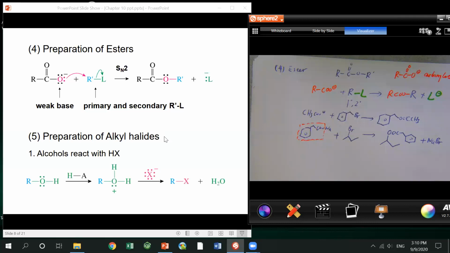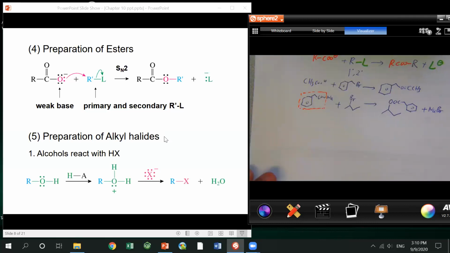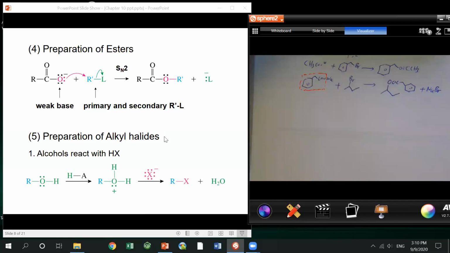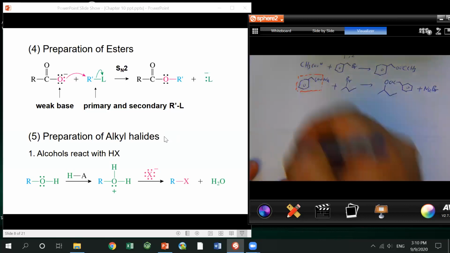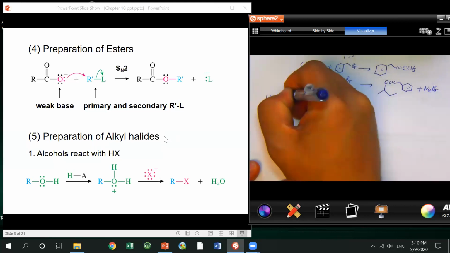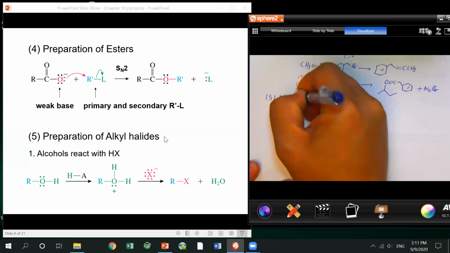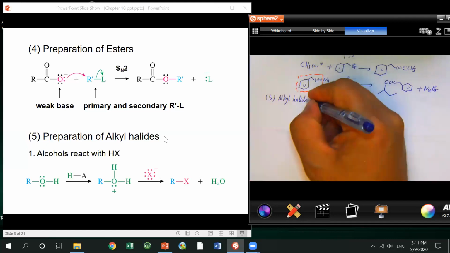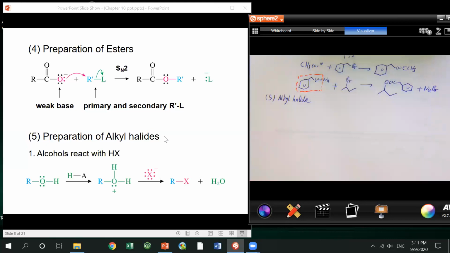So that's the ester preparation. Now we move to another one: alkyl halide preparation. The alkyl halide is one of the most useful organic compounds.